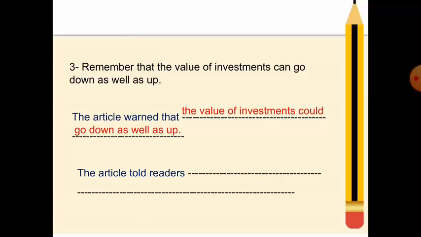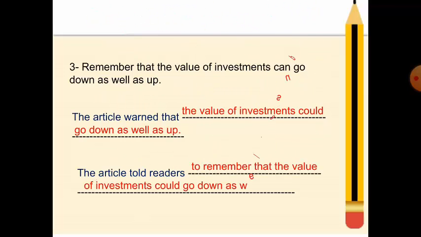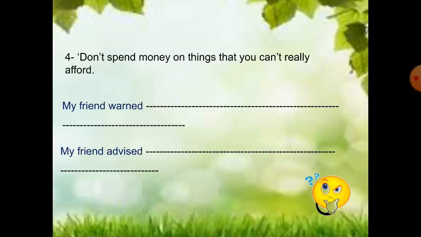The article told readers to remember that the value of investments could go down as well as up. Here when we used to plus infinitive, we also changed the verb can to could, meaning any other verb in the sentence changes to the past when we report it.